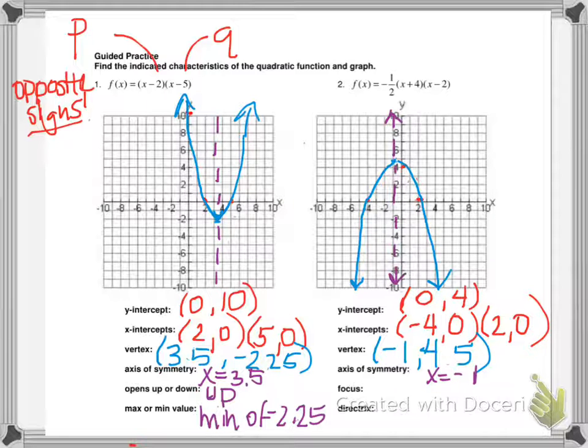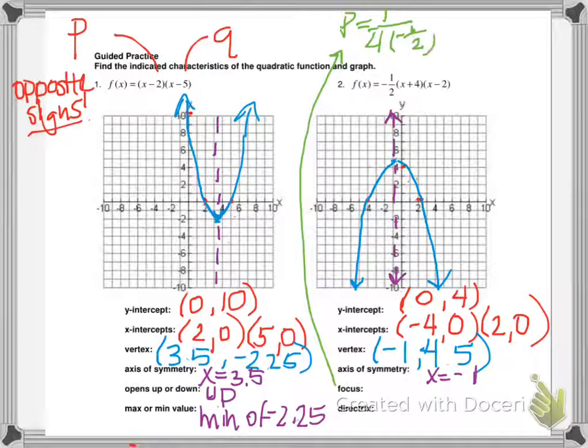Now my focus and my directrix. I'm going to write this up top just to give myself a little bit more room to work out the problem. So again, I'm using my equation p equals 1 over 4a, and my a in this problem again is -1/2. So p equals 1 over 4 times -1/2.